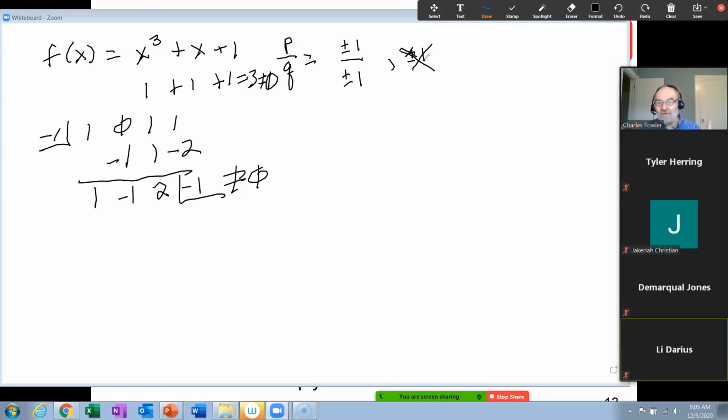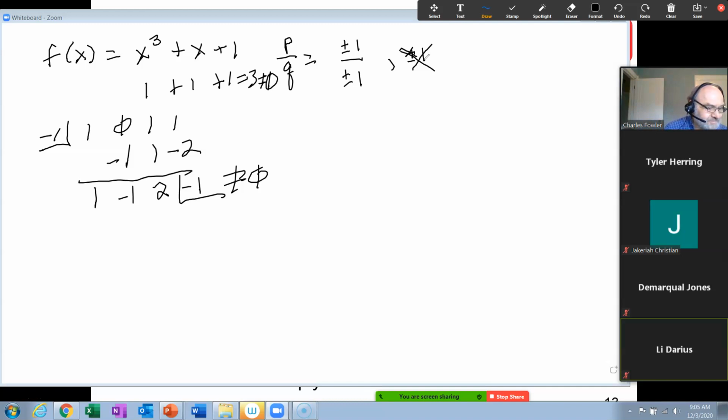Because your degree is 3, the other two zeros are complex. They have imaginary parts, so you're not going to find those even with a graphing calculator. But once you find that one, you'll have an estimate of what the others are.